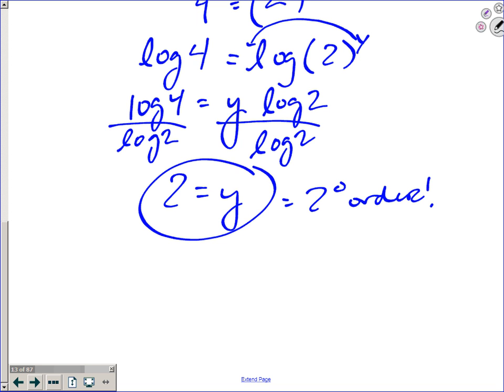For this one in particular, I started with that, but usually you can figure out one order really easily, and the other one could be more complicated if the rates don't work out numerically as a full integer. So this would be your backup plan. Yeah, I did this for an easy example, but if I had like 3.8 is equal to 3 to the x power, I don't know what that is, right?